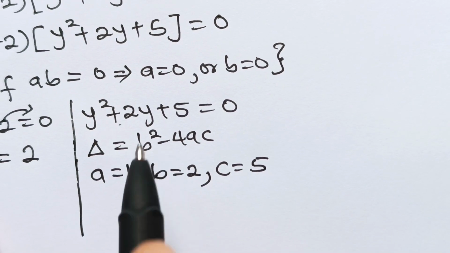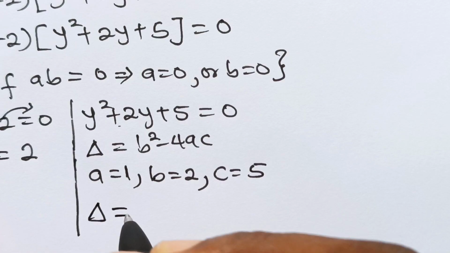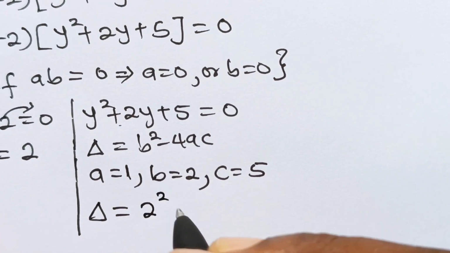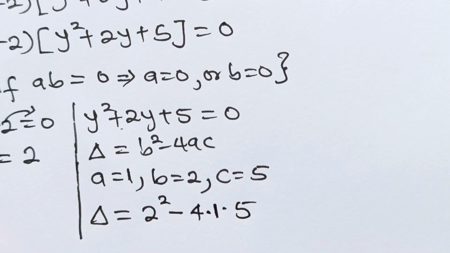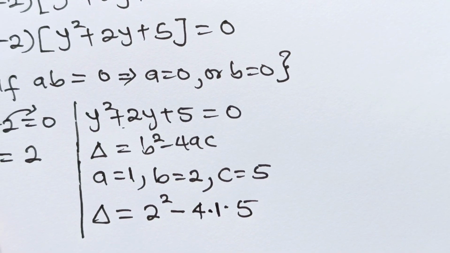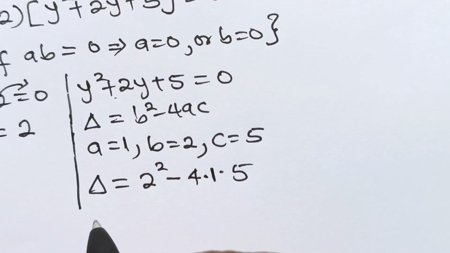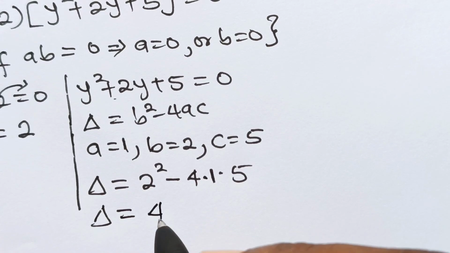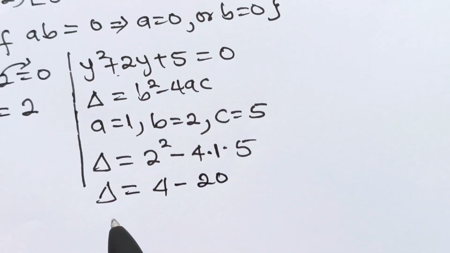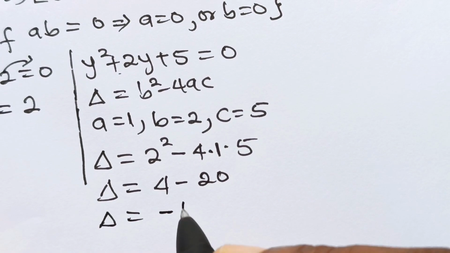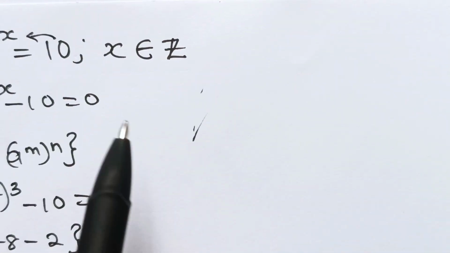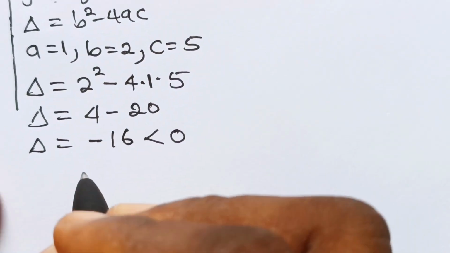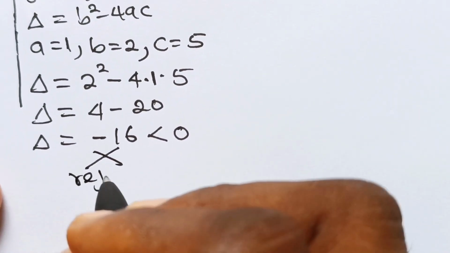So the discriminant is 2 squared minus 4 multiplied by 1 multiplied by 5. Now the discriminant is 4 minus 20. The discriminant is minus 16, which is less than 0. As such, it doesn't fit into this condition, so that means that this answer is rejected.